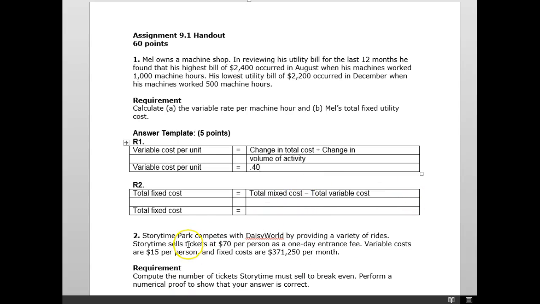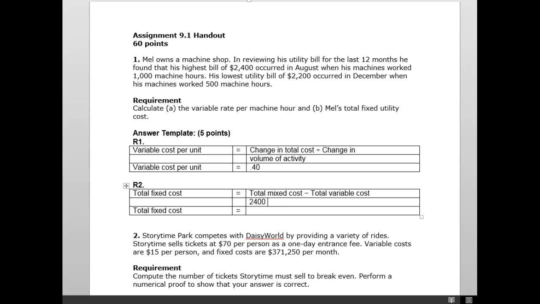Now you want to find out what is the fixed cost in that makeup of items. So let's take the highest one. We'll take the total, which is $2,400.